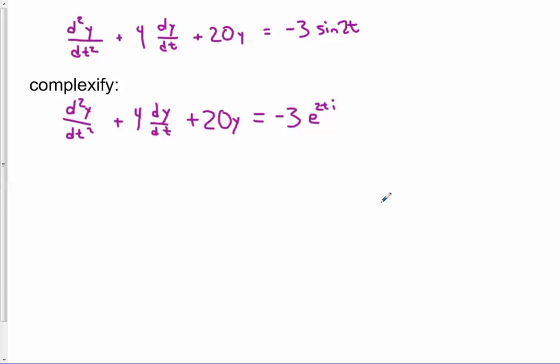Now, based on Euler's formula that we just talked about, e to the 2ti is cosine 2t plus i sine 2t. And if I put a minus 3 on the outside, I'll have this.